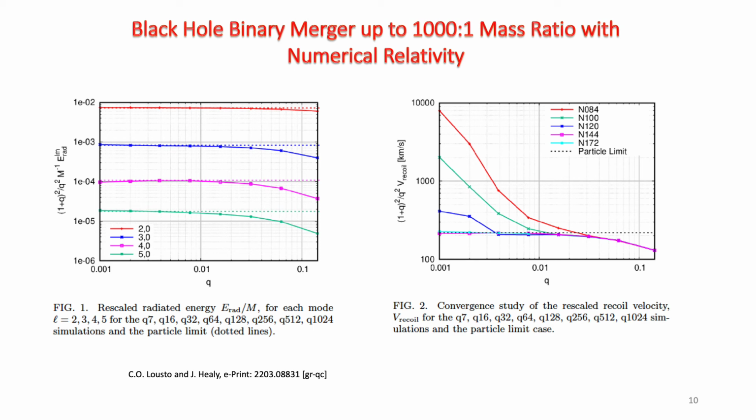In a similar fashion, we display the radiated linear momentum that is somewhat more delicate because it couples L and L plus 1 modes. But also gives us the opportunity to assess which are the minimal resolution required to reliably compute this linear momentum.